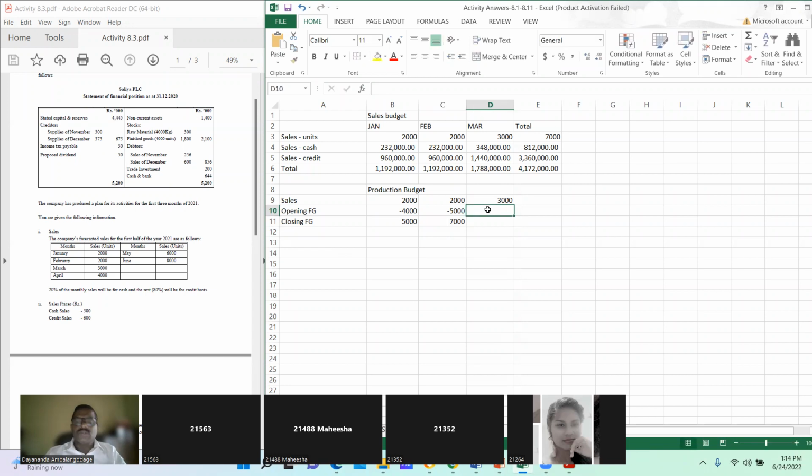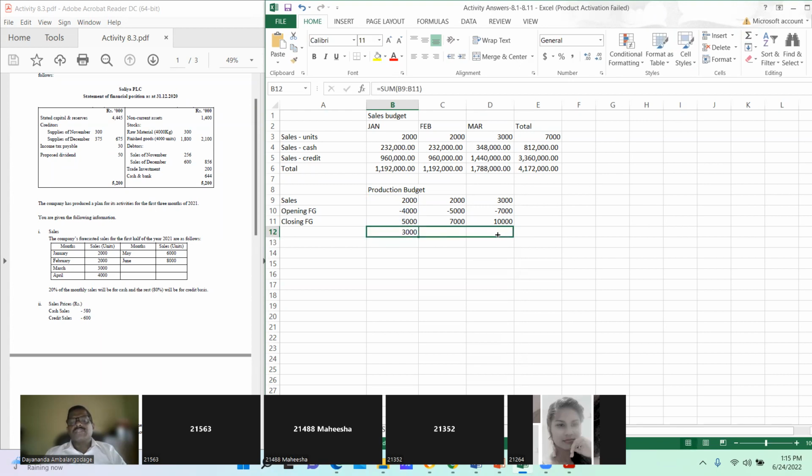And that 7,000 would be opening for March, and the March closing would be April and May sales, which is 10,000. So that is the closing and opening. Then you can get each month's production requirements.